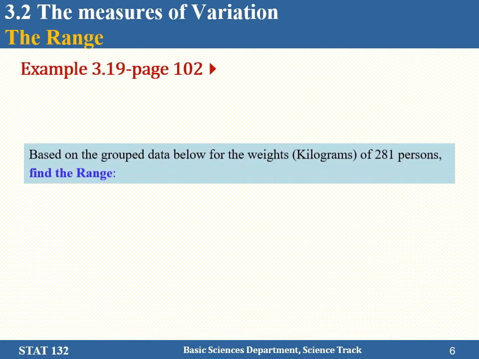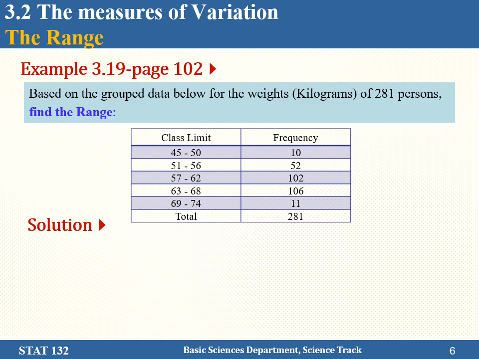If we have data which is given in terms of classes, as grouped data, how can we calculate the range? It says find the range for this grouped data below. In this case, since we don't know the data values, just the classes, you find the highest class limit, 74, and the lowest class limit, 45.